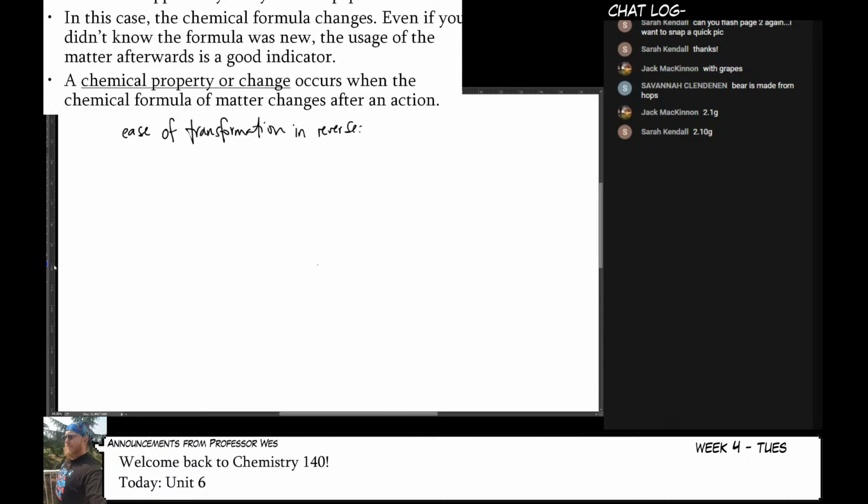So, depending on the ease of transformation, whether you can go in both directions of the process, will tell you if something could be physical or chemical.